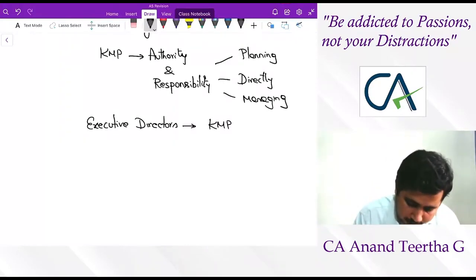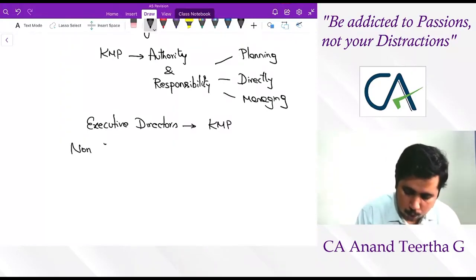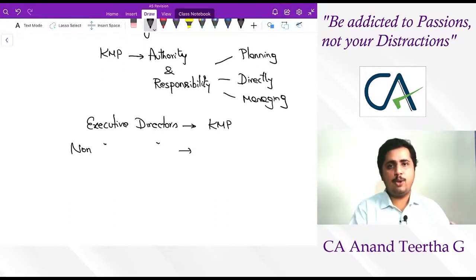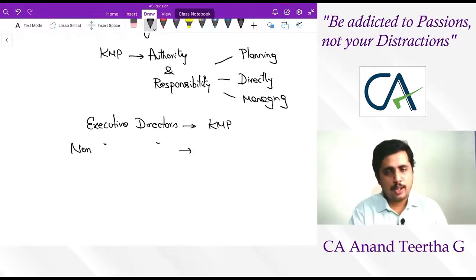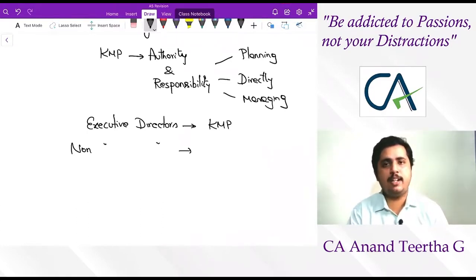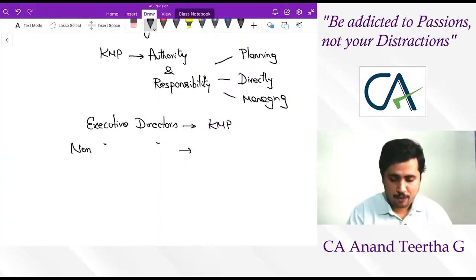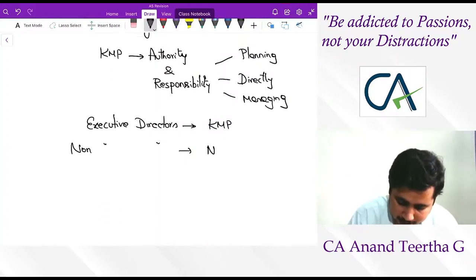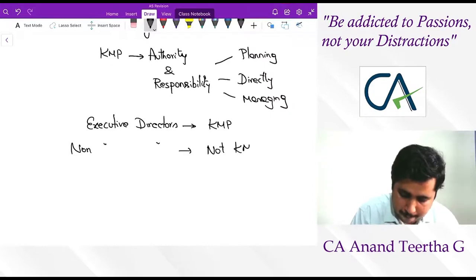Then non-executive directors. Who are non-executive directors? They don't take part in the business. They are only there to watch whether these people are properly functioning or not. Is there any illegality happening? All these things are covered over there. They are mainly restricted to meetings. Therefore, for the purpose of AS 18, they are not KMP.